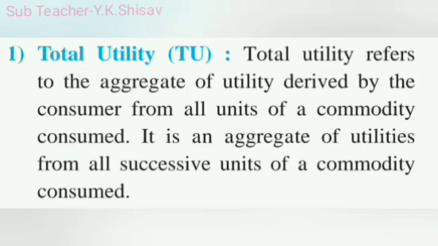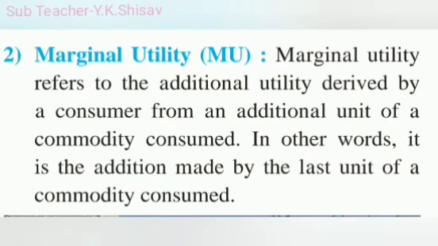It is total utility. Then what is marginal utility? That means MU. Marginal utility refers to the additional utility derived by a consumer from an additional unit of a commodity consumed. In other words, it is the addition made by the last unit of a commodity consumed.